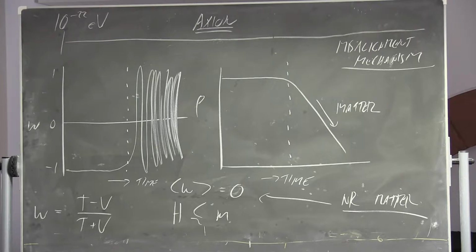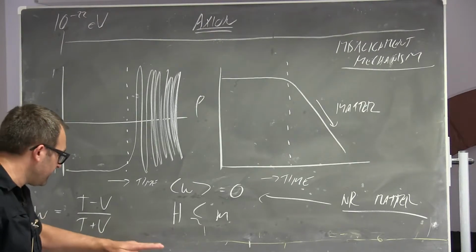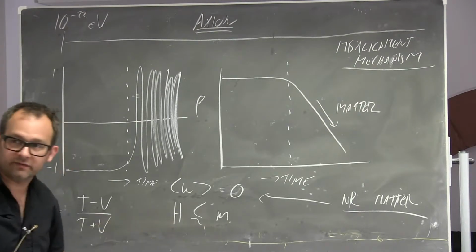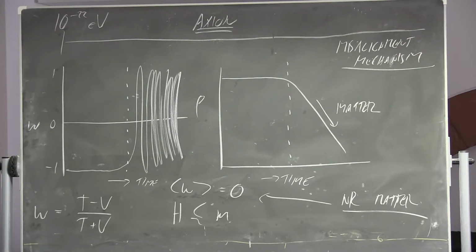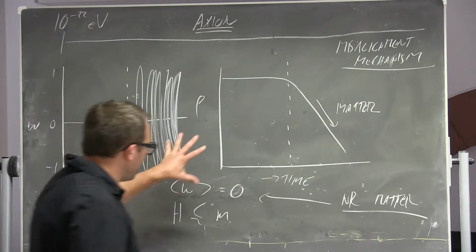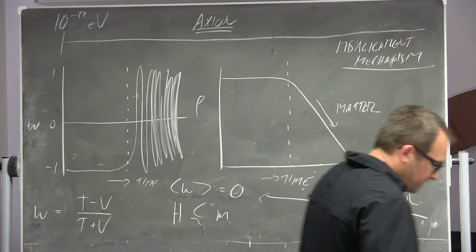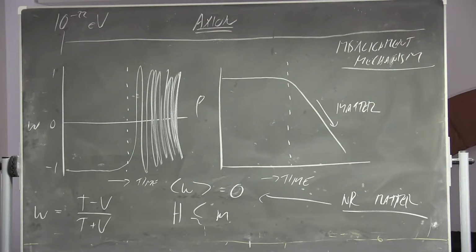It's a very interesting subject to get into, but given the time, I'm going to have to move on. Okay. But I wanted to at least mention this is one potential possibility for dark matter.